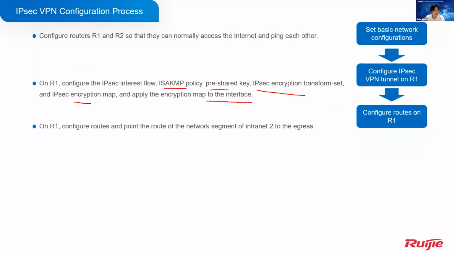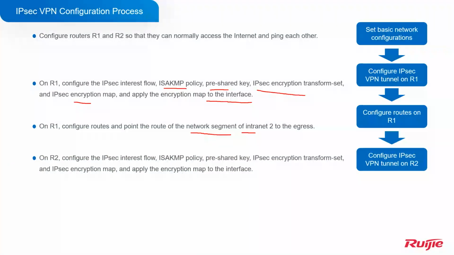The next step is to configure the route from router 1 to router 2. We need to add the route to the network segment behind router 2 via the egress interface. Next, we will configure router R2, setting up the IPsec instance and ISAKMP policy.